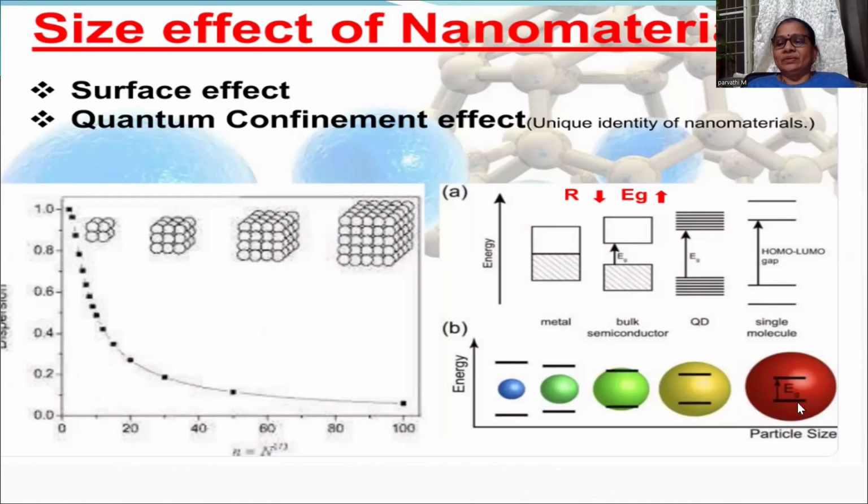When the size of the particle is higher, their bond energy, that is the valence band to conduction band energy gap, is low. When the particle size is high, they will be more stable as the internal energy gap is very small.